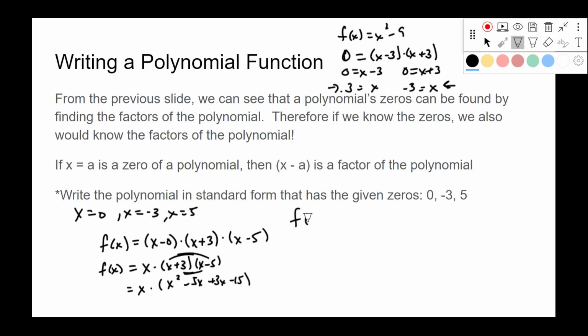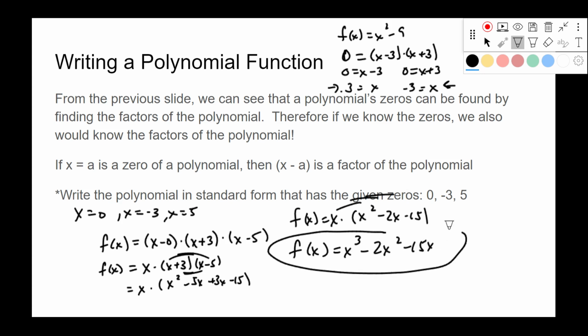I'll combine the like terms, still leaving the x out: x squared minus 2x minus 15. And now I distribute the x to all 3. And f of x equals x cubed minus 2x squared minus 15x. And that is the polynomial that has these 3 given zeros.